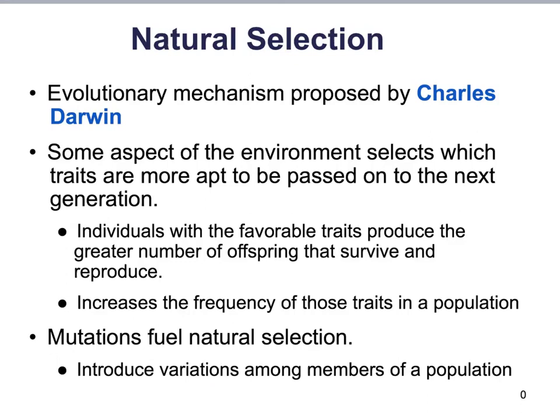This increases the frequency of those traits in the population. Now, mutations are the fuel for natural selection. Mutations introduce variations among members of a population, and then natural selection works on which mutations are better suited for that environment. And if they're not helpful towards that environment, then they'll be eliminated.